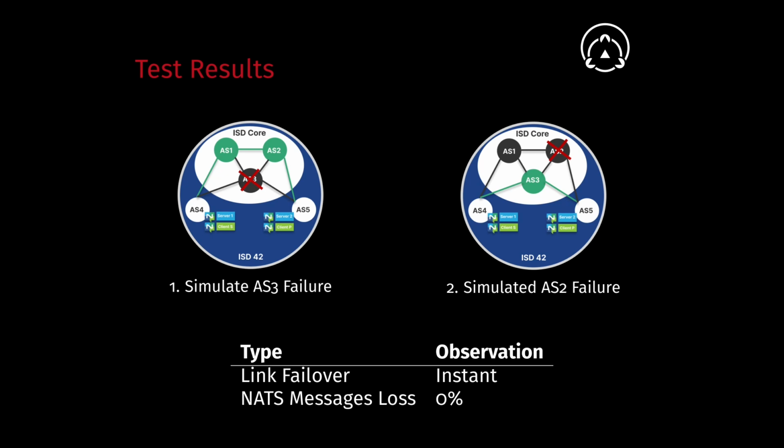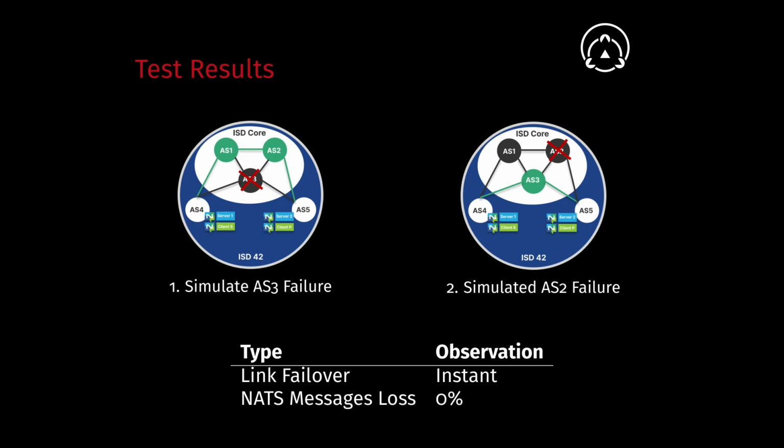So if we simulate the failure here on the left, which is downing AS3, just basically taking the SCION services offline, we'll successfully see that we route through AS1 and AS2 when we want to do communication between AS4 and 5, which is great. The failover happened pretty much instantaneously.